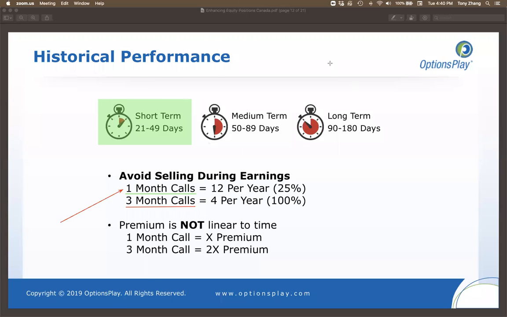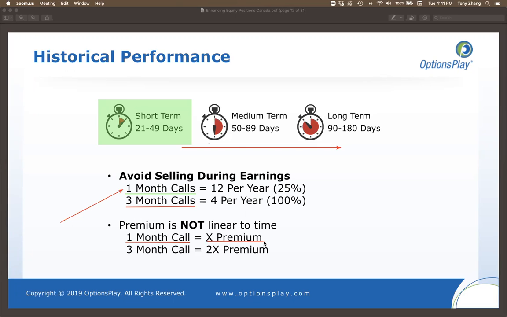The second reason, which is actually the real reason why shorter dated options are better, is the premium you receive. The further out you go in time, the more income you get, but the premium is not linear to the time you go. So if you sell a 1-month call, let's say you collect $1 for it.